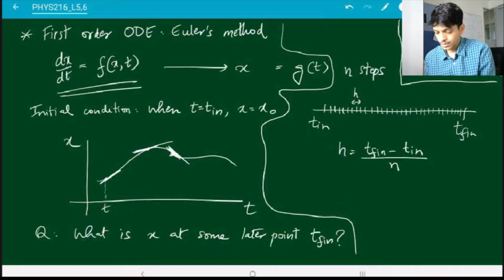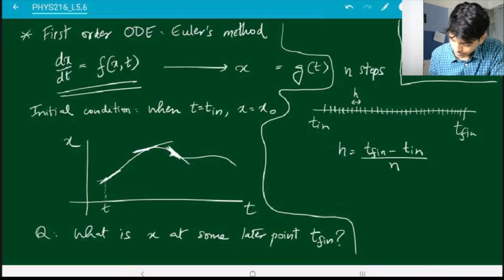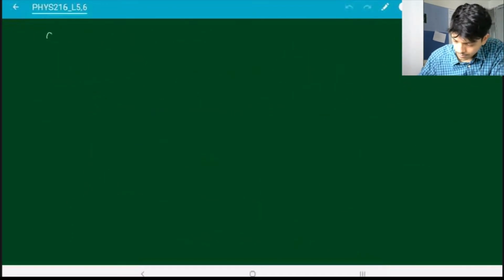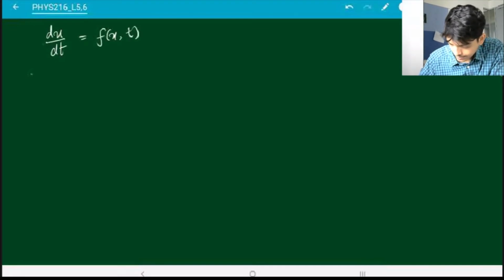Okay. So now let's write down the differential equation. So we have dx by dt is equal to f of x, t.